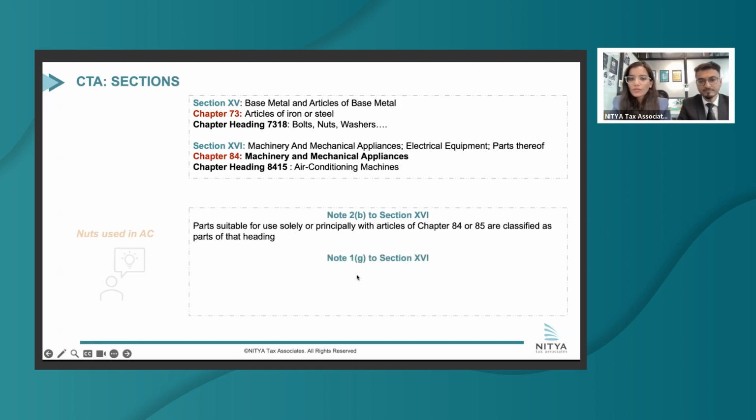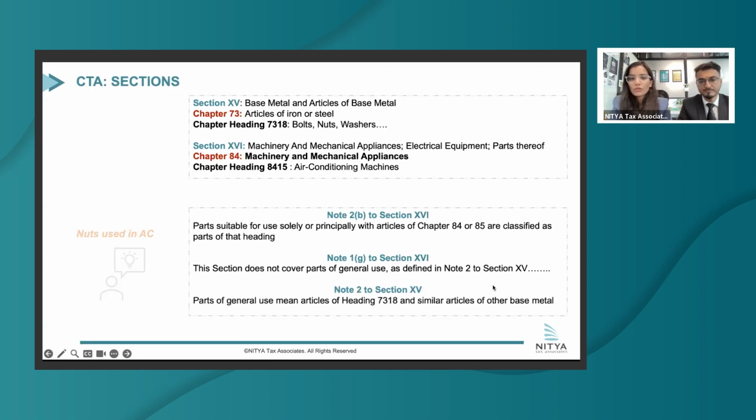Then note 1(g) of section 16 comes, which says that if the parts are of general use as defined in note 2, then they will not be classified as parts and accessories and they will go in their specific heading. And note 2 defines parts of general use to include the articles of heading 7318, which is nuts.